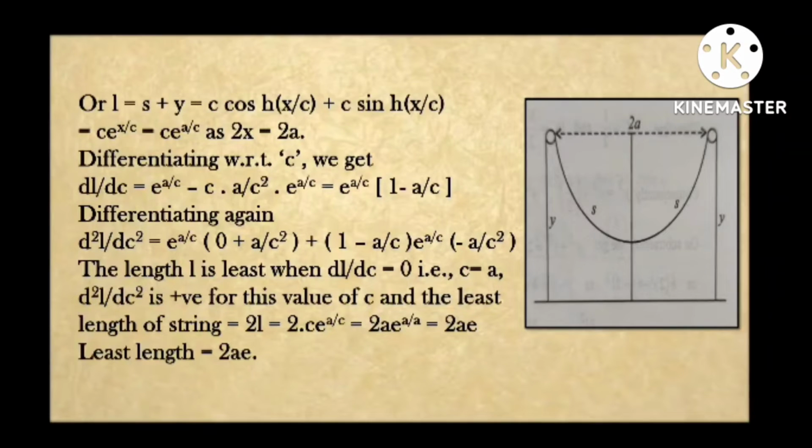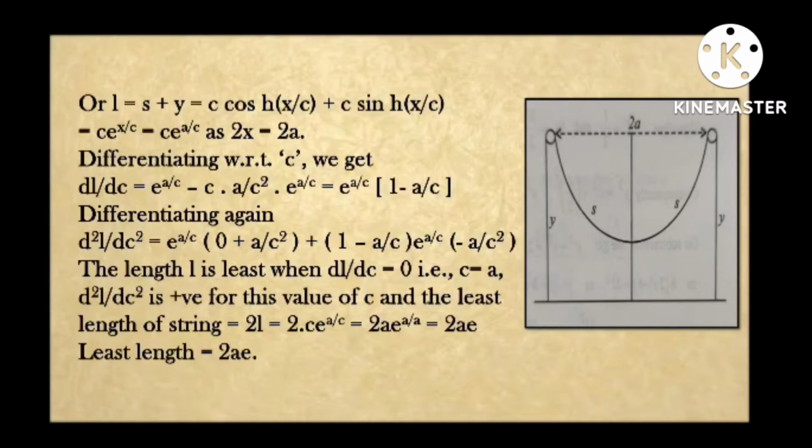Differentiating this equation with respect to c, we get dL by dc is equal to e to the power a by c minus c into a by c square into e to the power a by c, which is equal to e to the power a by c into 1 minus a by c.